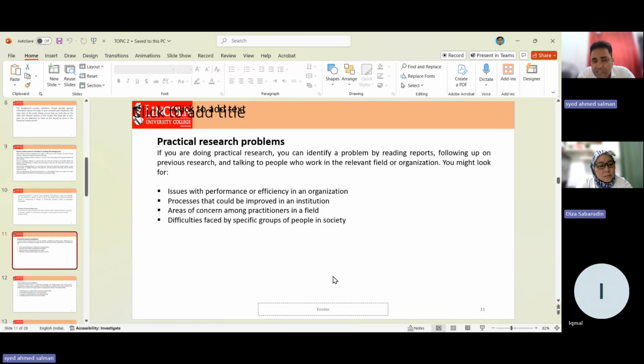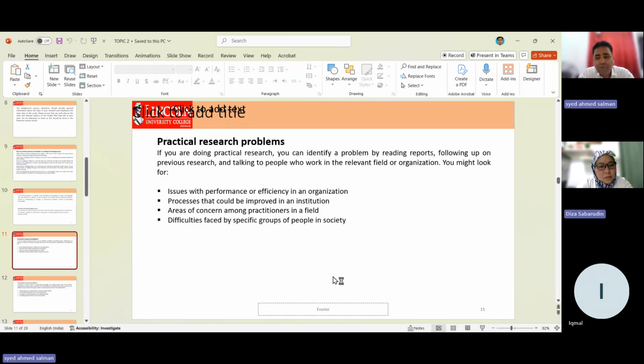Issues with performance or efficiency in an organization. Meaning that in the organization, you are having some issues related to performance and efficiency. Your organization is not performing very well due to some issues. Do you understand?